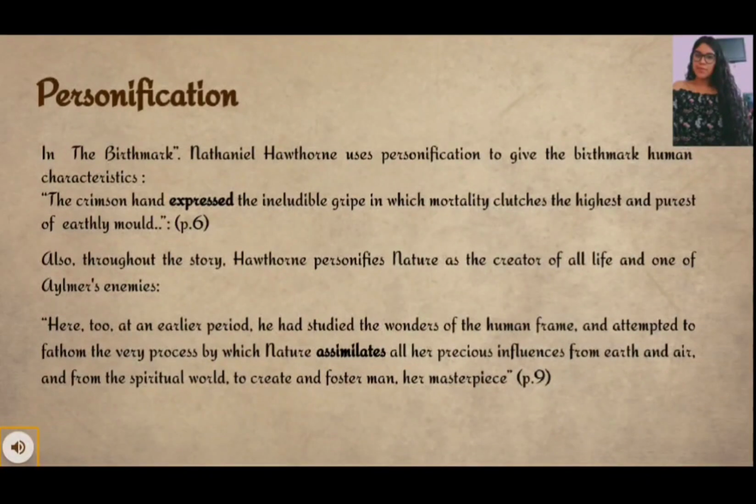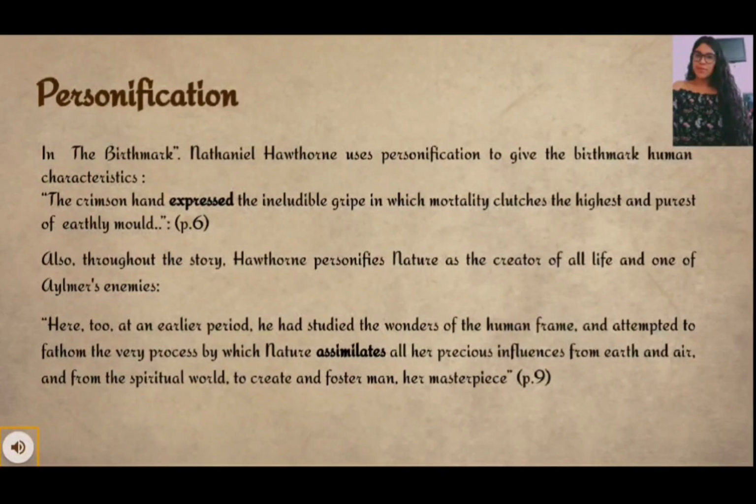Also, throughout the story, Hawthorne personifies nature as the creator of all life and one of Aylmer's enemies. Here, too, at an earlier period, he had studied the wonders of the human frame and attempted to fathom the very process by which nature assimilates all her precious influences from earth and air, and from the spiritual world, to create and foster man, her masterpiece.